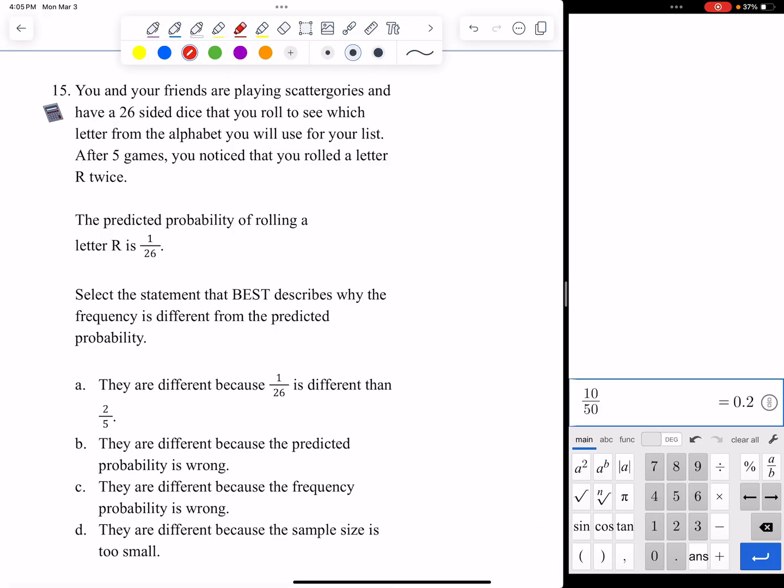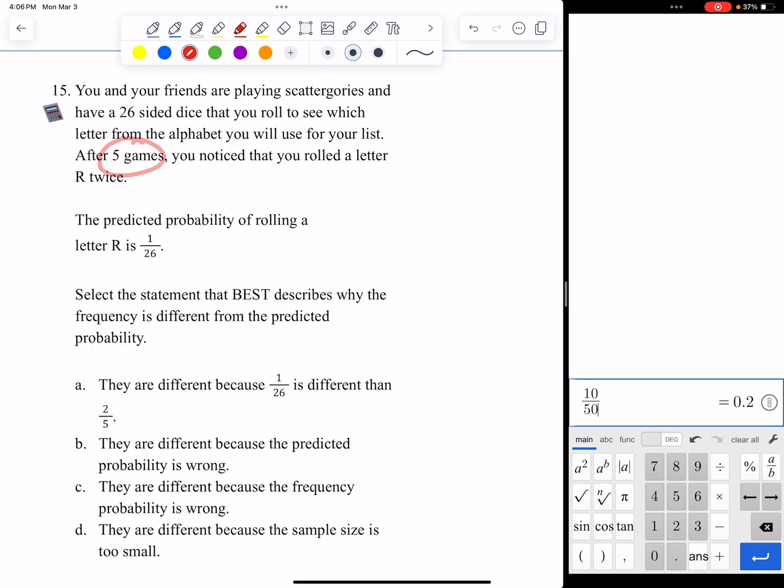All right, moving on. You and your friends are playing categories. My wife's favorite game to play in school. Okay, you guys too, you get riled up with this one, and have a 26-sided dice that you roll to see which letter from the alphabet you will use for your list. After 5 games, you notice that you rolled a letter R twice.